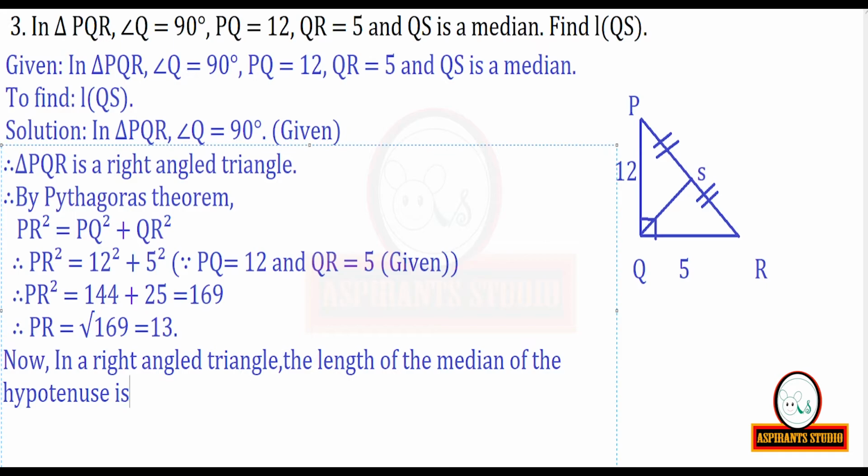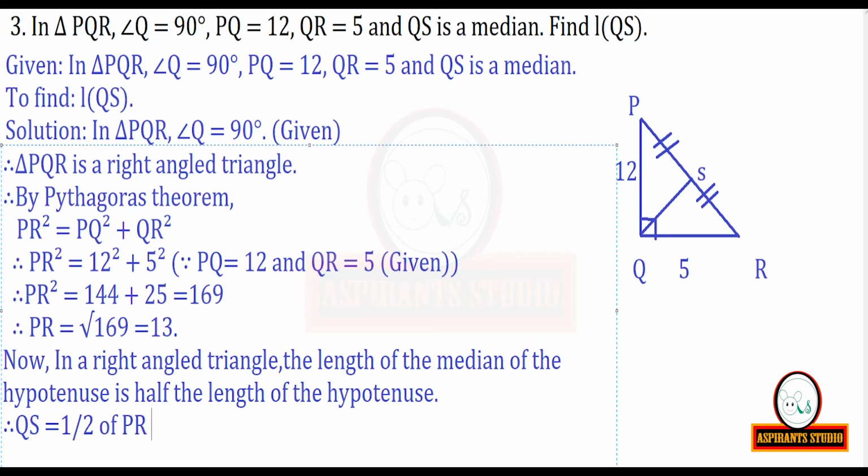Therefore, QS is the median, so QS is equal to half of the length of PR.